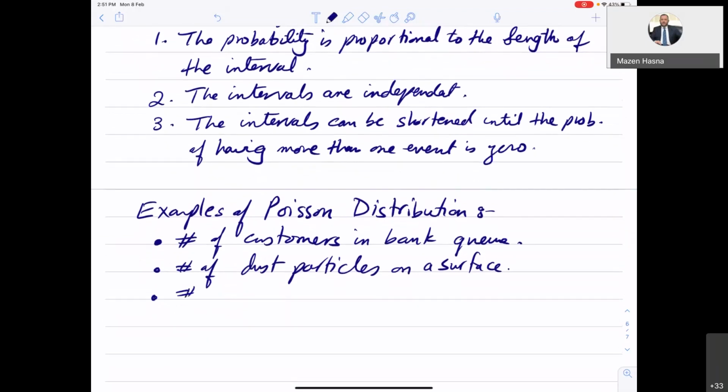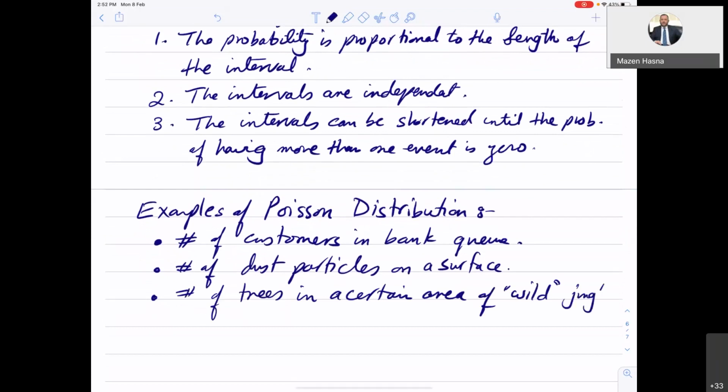The number of trees in a certain area of a jungle. And let me say wild jungle, because those farms that are planted by a human being, usually they do them in an organized fashion.